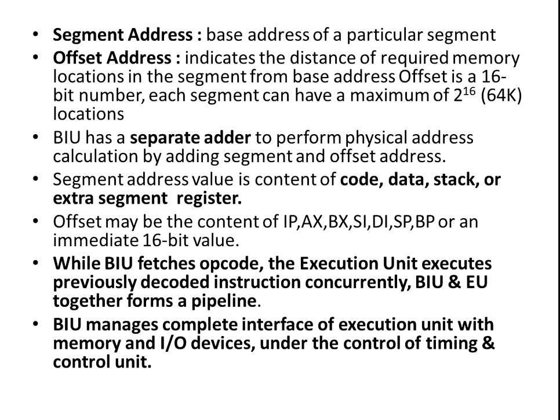While the BIU fetches the opcode, the execution unit executes the previously decoded instruction concurrently. The BIU and execution unit together form a pipeline. The BIU manages the complete interface of the execution unit with memory and IO devices under the control of the timing and control unit.